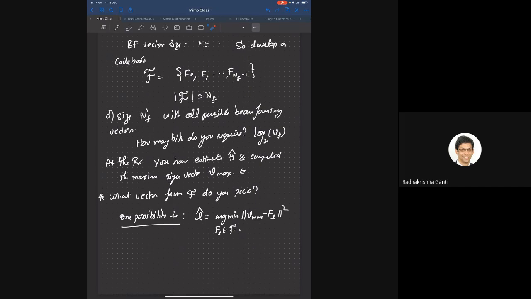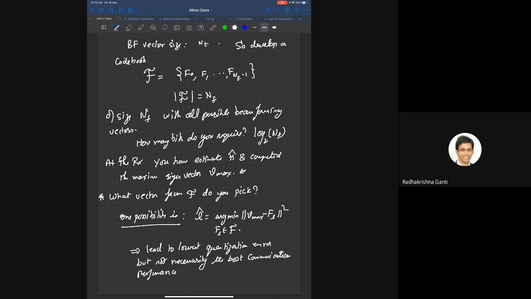Okay, so it turns out this will lead to lowest quantization error, but not necessarily the best communication performance, in terms of capacity.